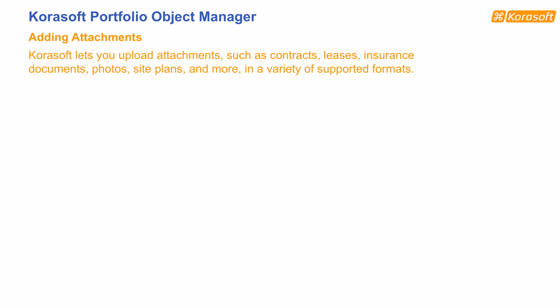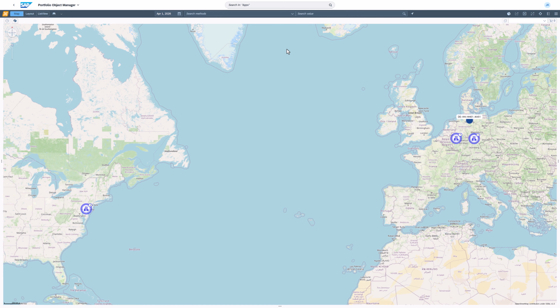Korasoft lets you upload attachments such as contracts, leases, insurance documents, photos, site plans, and more in a variety of supported formats. Instead of navigating on the map, we will search for our building and add a new attachment.